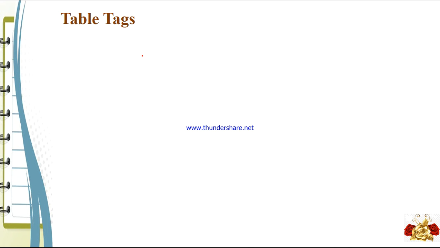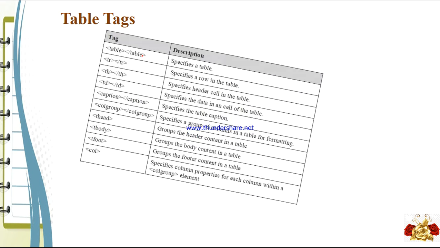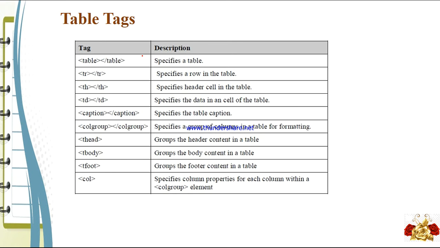Then I'm going to discuss table tags. What are the table tags that we use? Suppose we are creating a table using HTML; how do we use these tags? For example: table, tr, th, td, caption, thead, tbody, tfoot, col. Each tag has a description. The table tag specifies the table.